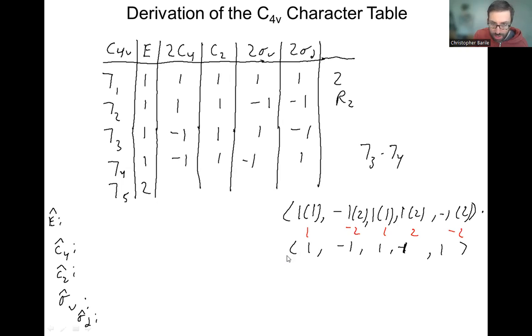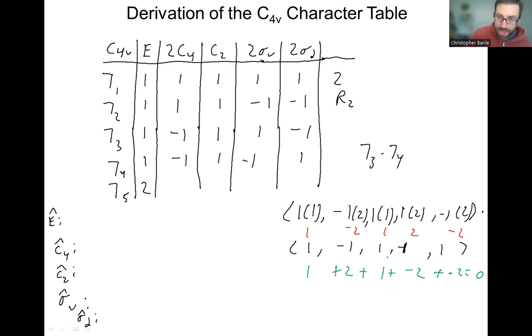Now if we dot all this, maybe it can go in a different color. 1 times 1 is 1, -2 times -1 is 2, 1 times 1 is 1, -1 times 2 is -2, -2. And so now we add all these together, and we're going to get 0, which is what we want. We're orthogonal.